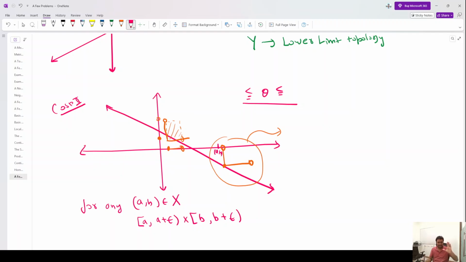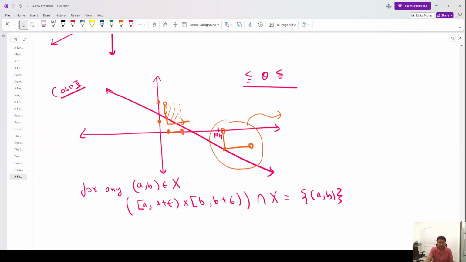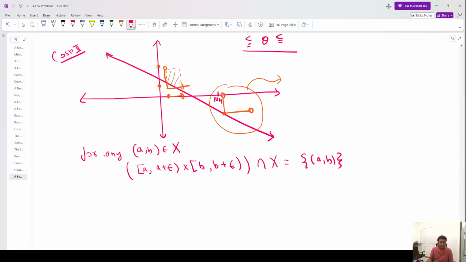The intersection of this basic open set of the ambient space with X is nothing but just the singleton (a, b). What does it mean? Every singleton is open. So in this case, X has discrete topology.